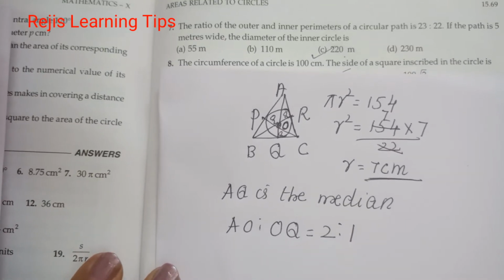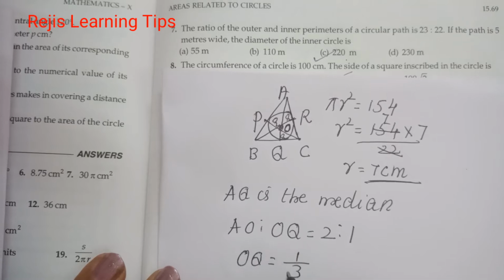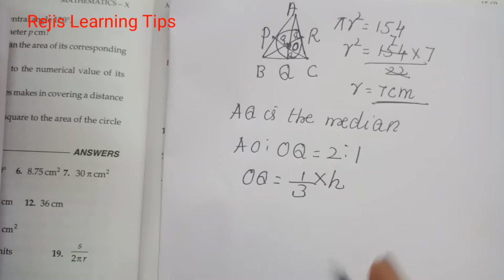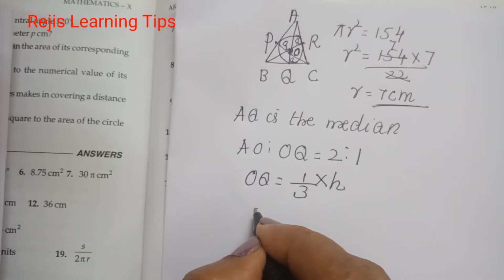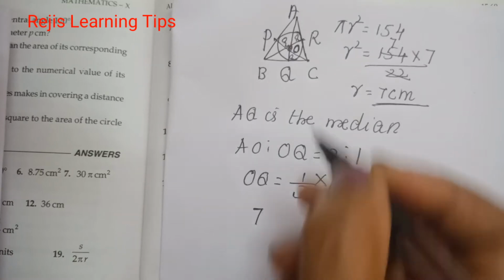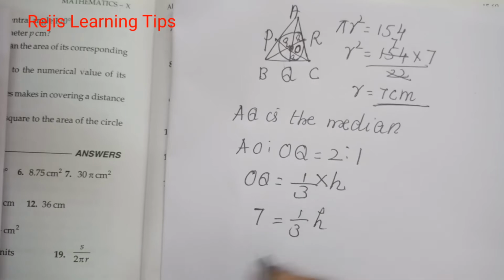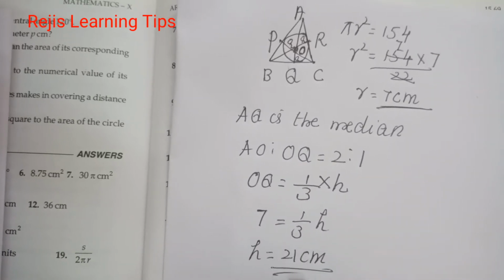Then OQ is equal to 1 by 3 of AQ. AQ is equal to H. Then OQ is equal to 1 by 3H. OQ means that is the radius, 7. 7 is equal to 1 by 3H. Therefore, H is equal to 21 centimeter.